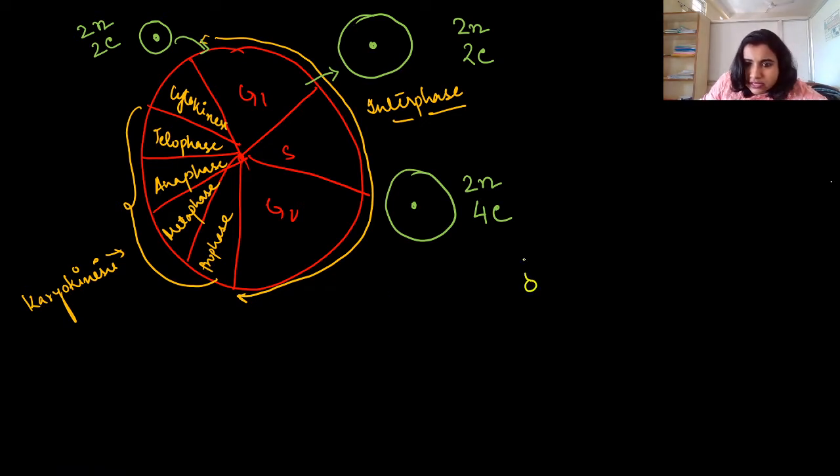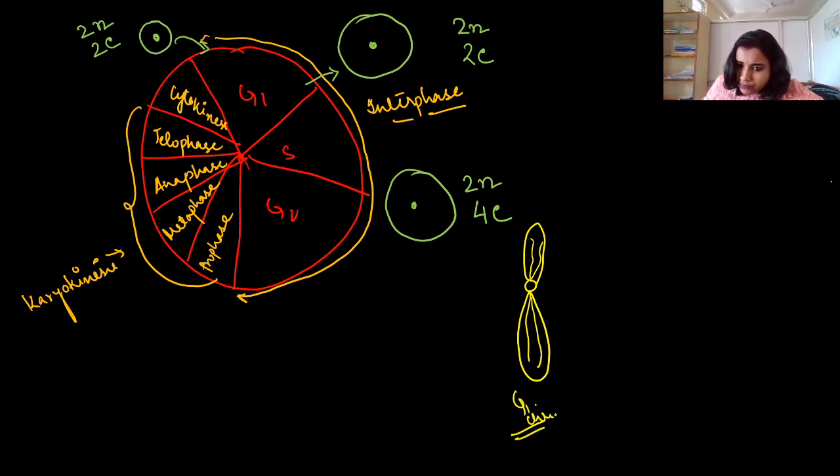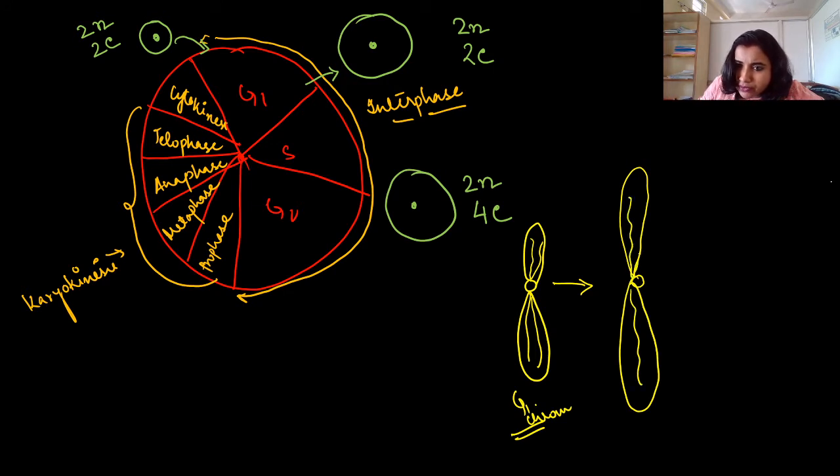If you see here, suppose this is a chromosome, right? Initially this is having 2 strands. Suppose this is a G1 chromosome. Now once it enters into S phase, what will happen? It will start synthesizing DNA. That means complementary strands will be synthesized from each strand. Let me change the color for the complementary strand. You can see this is the complementary strand formed by this, and this is the complementary strand formed by this.